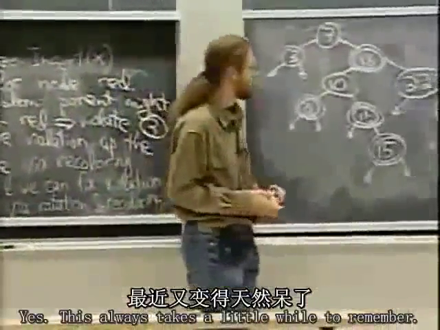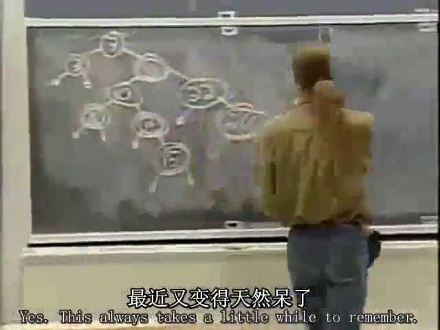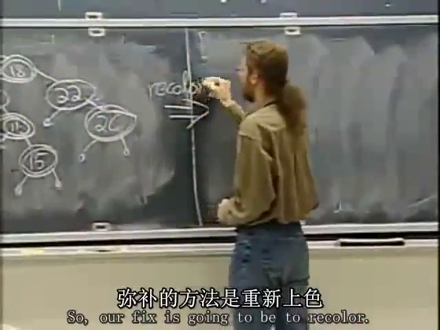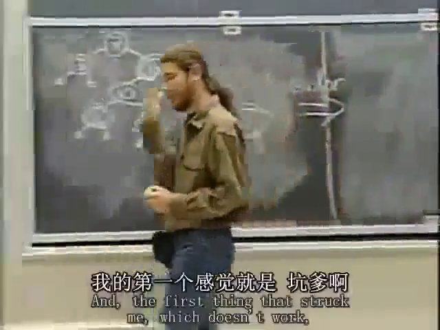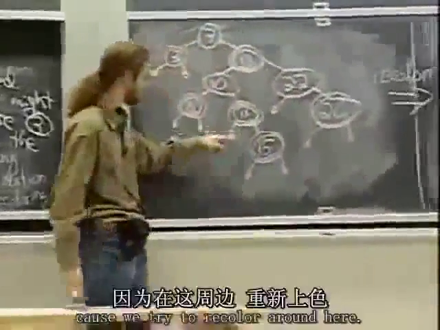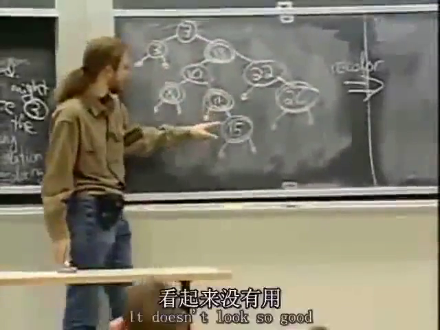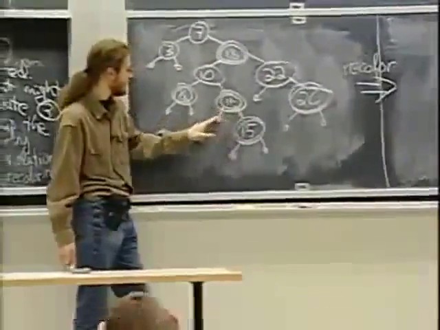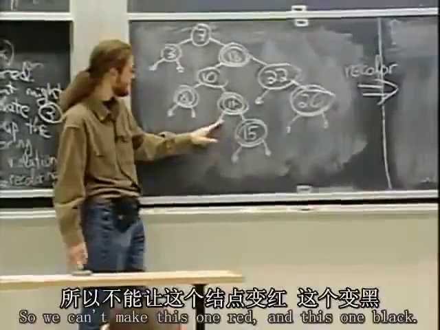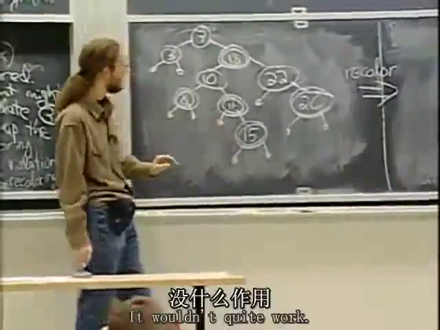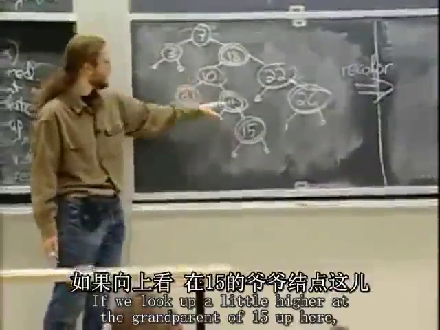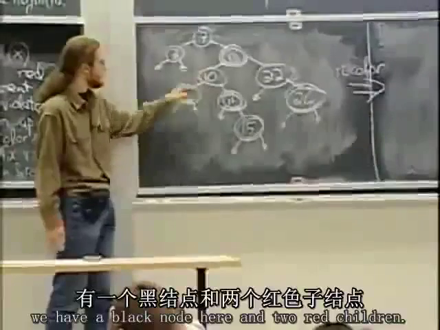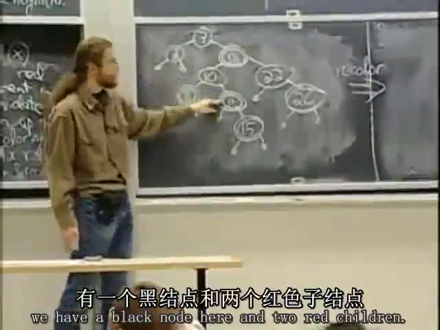This always takes a little while to remember. So our fix is going to be to recolor. The first thing that struck me, which doesn't work, is we try to recolor around here. It doesn't look so good because we've got red stuff down here, but we've got a black node over here, so we can't make this one red and this one black. It wouldn't quite work. If we look up a little higher at the grandparent of 15, up here, we have a black node here and 2 red children.